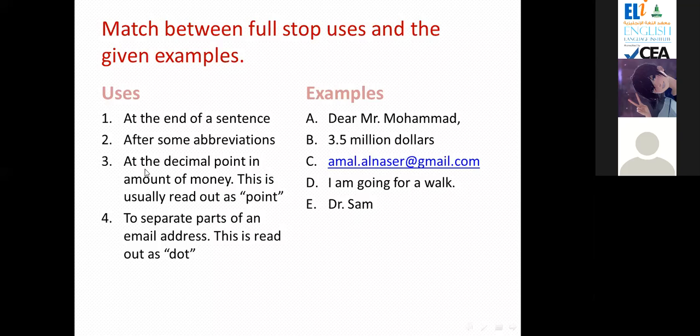Also, we add the decimal point in amounts of money, and as we mentioned here, this is usually read out as point. We say $3.5 million.